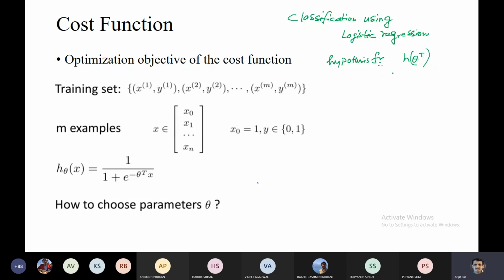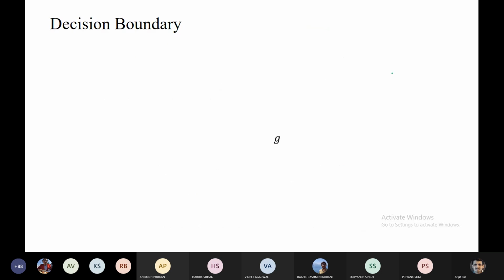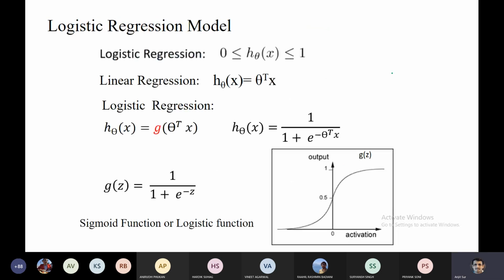As you recall, let's go to this slide. For linear regression, our hypothesis function is h theta of x equals theta transpose x. And when we define logistic regression, we put a g over this theta transpose x.